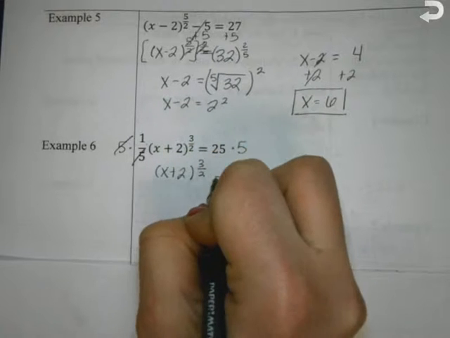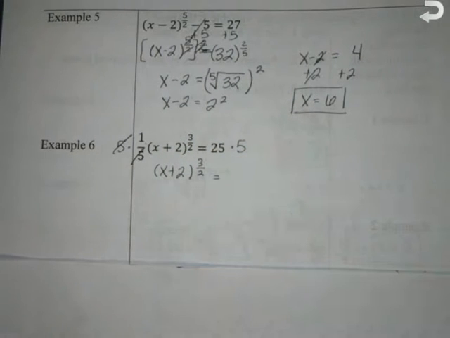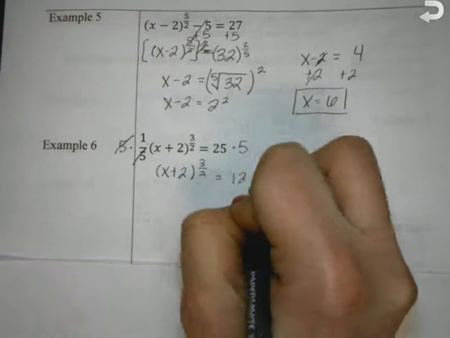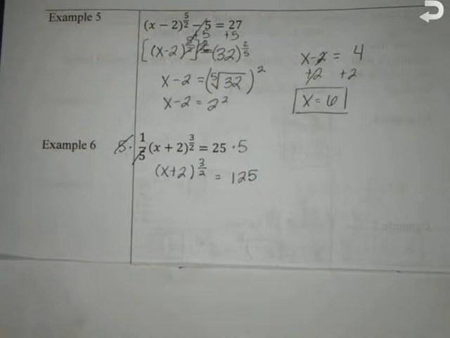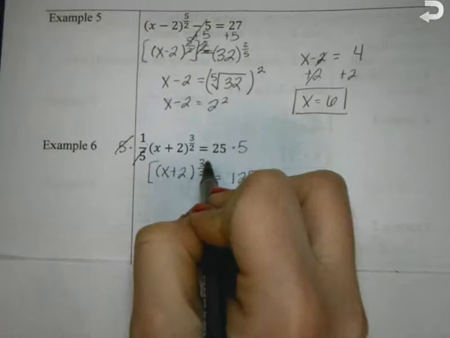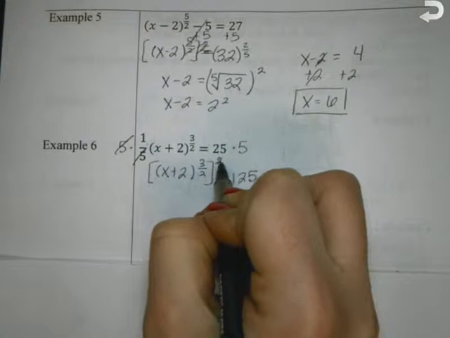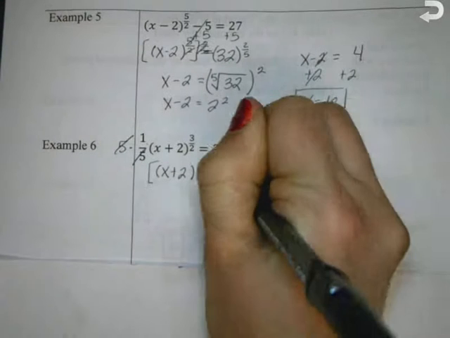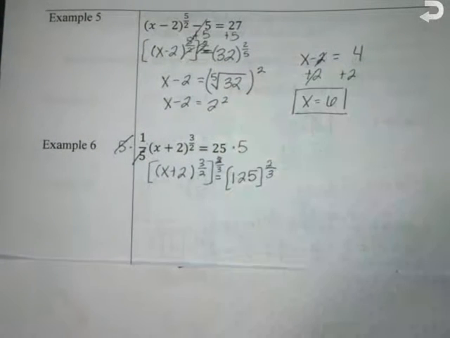Okay, so my exponent is by itself now. So I need to raise the whole thing to the 2/3. So that is all going to cancel.